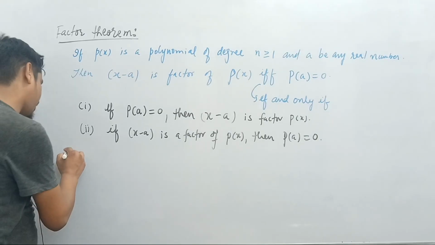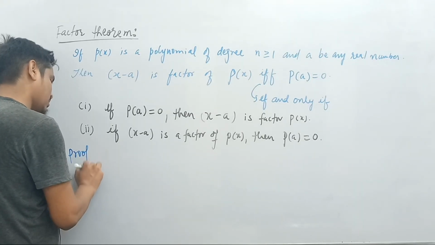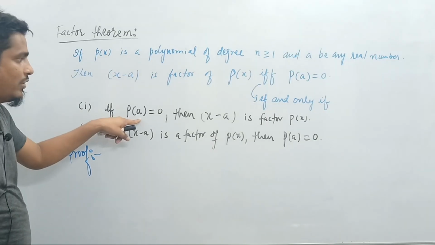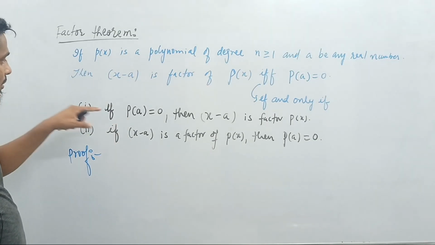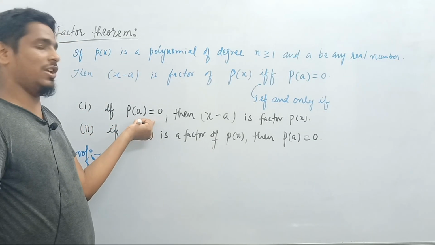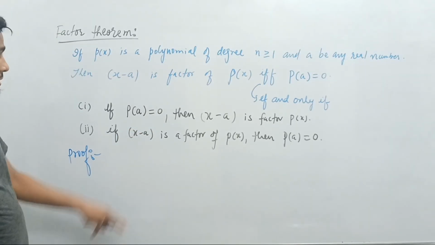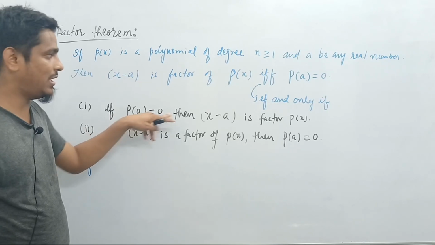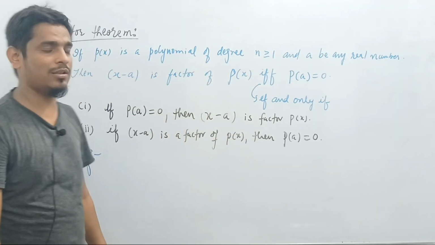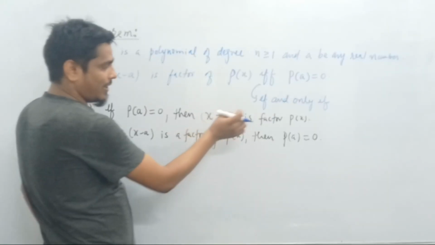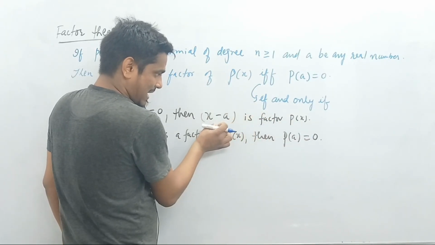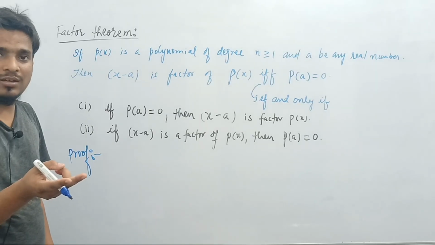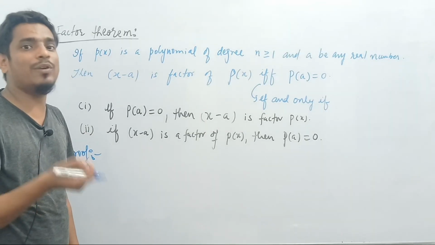So let's see the proof for this theorem. Let me give the proof for the first part. Here, if p(a) is 0, p(a) meaning the value of the polynomial at x equal to a is 0, then x minus a is a factor of p(x). Let's suppose we are dividing this p(x) by x minus a, then we'll get two unique polynomials, one is the quotient polynomial, one is the remainder polynomial.